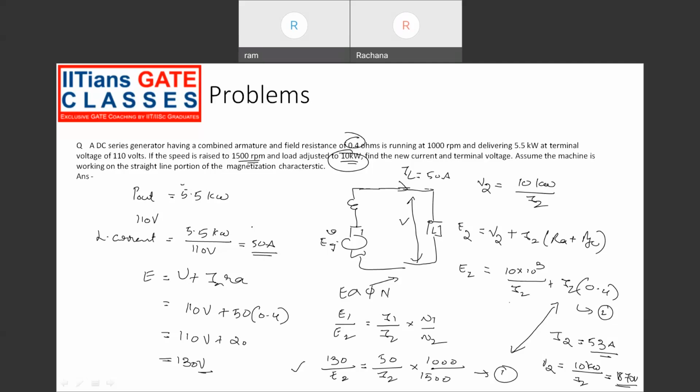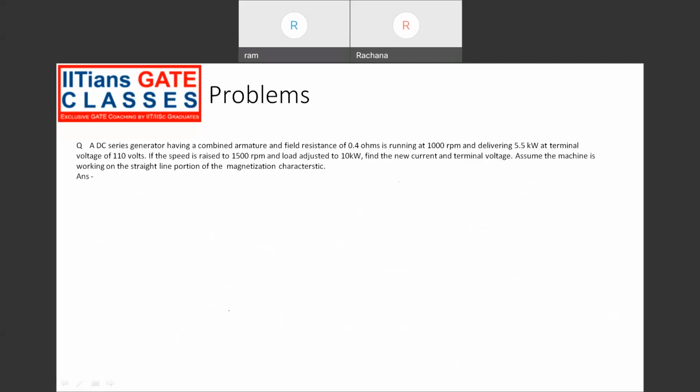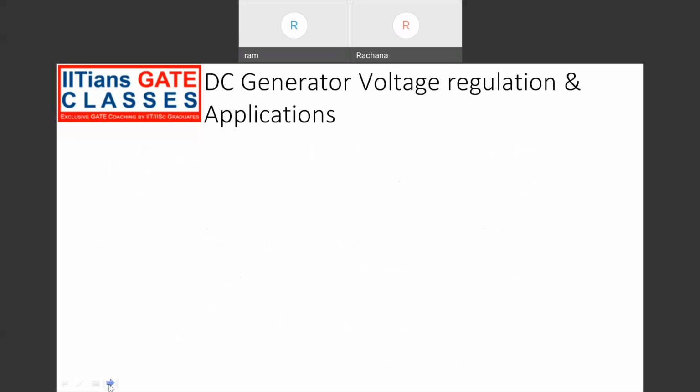Okay, we'll go to the next slide. The next topic is DC generator voltage regulation and some example applications of DC generators.